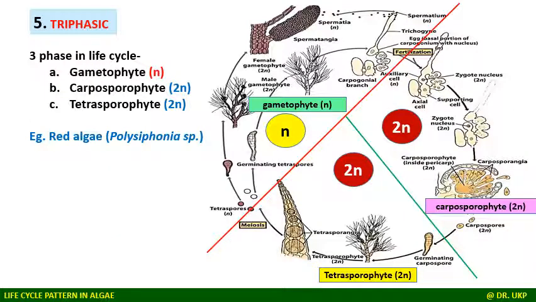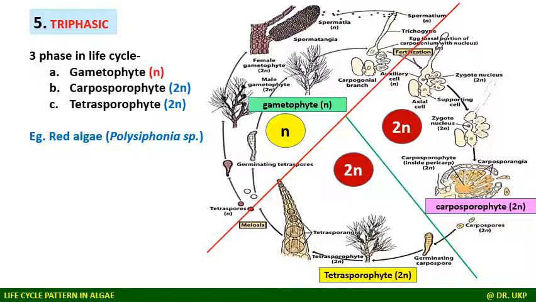Now come to the last phase, that is triphasic. Why are we calling it triphasic? Because in the illustration you can see one haploid phase and two diploid phases.